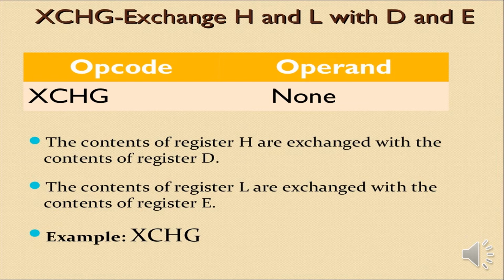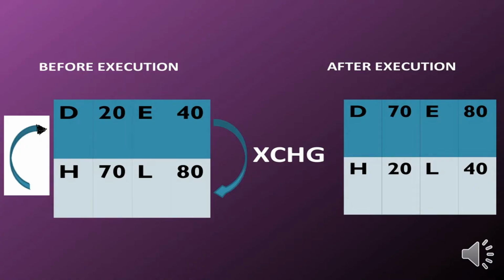The content of register H is exchanged with the content of register D, and the content of register L is exchanged with the content of register E. The HL register pair is used to store an address, and the DE register pair can hold an address or data. For example, before execution, the DE register pair stores 2040 and the HL register pair stores 7080.